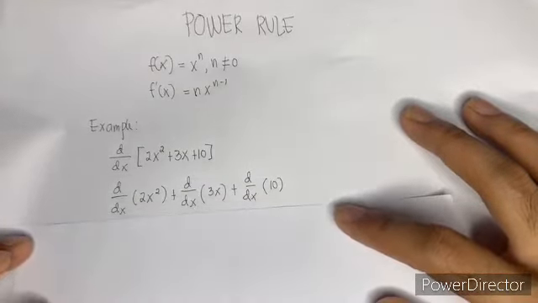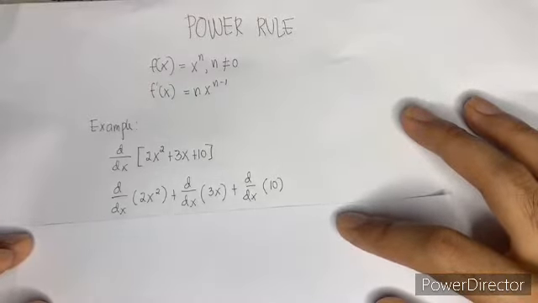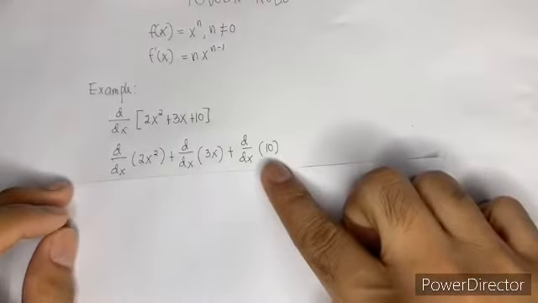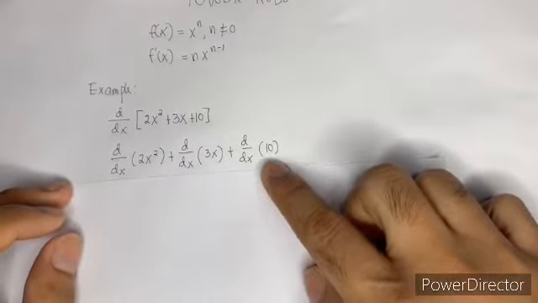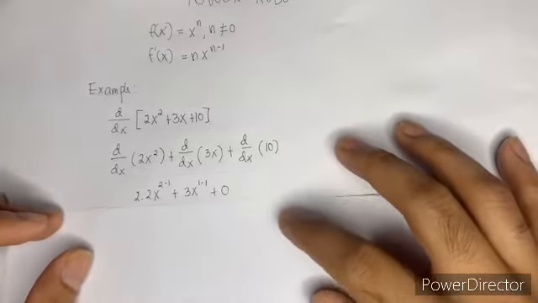So, magiging d with respect to x, 2x squared plus derivative with respect to x, 3x plus derivative with respect to x, 10. So, as we all know, sa ating constant rule is itong result dito ay magiging 0. So, we have the 0, 1.